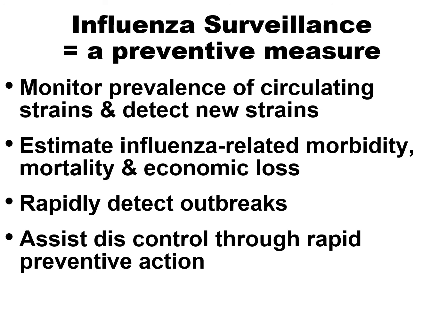And these stations are now monitoring also COVID-19. Monitor prevalence of circulating strains and detect new strains, estimate influenza-related morbidity, mortality, and economic loss, rapidly detect outbreaks, assist disease control through rapid preventive action.